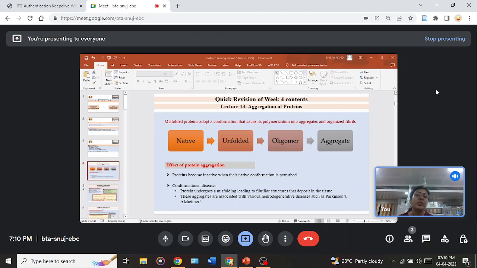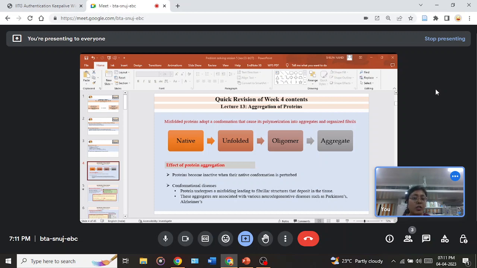Basically, in lecture number 13, we started with how protein aggregates. In the previous week, we went through the basics of protein. Any misfolded protein adopts a conformation that causes its polymerization into aggregates and organized fibrils. There are four major forms of protein. First is the native one. Then it undergoes unfolding and possesses an unfolded form.